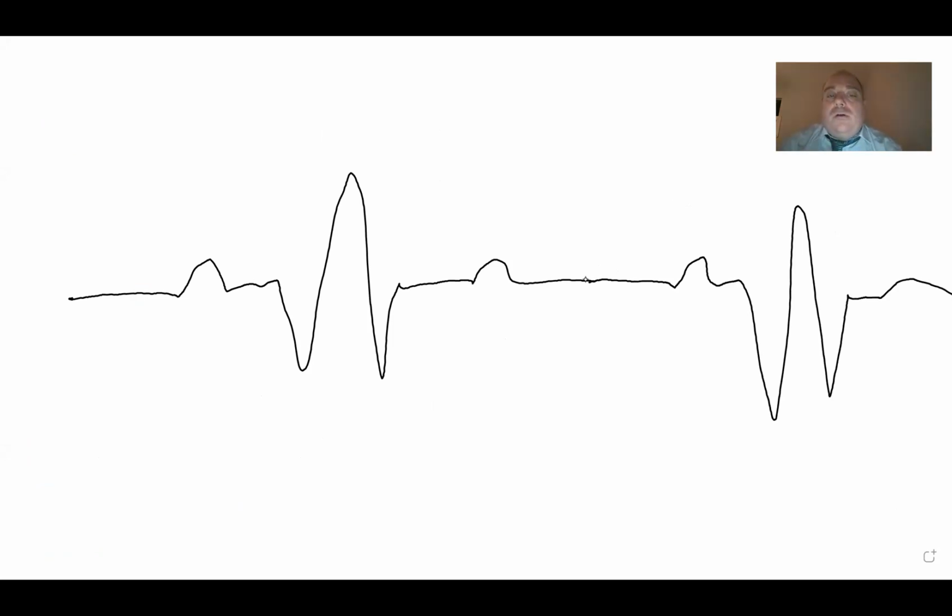One P, QRS, and T is a cardiac cycle. Well, what is a cardiac cycle? I would say it's one heartbeat, right? So what does it take to have one heartbeat? Normally, it takes a P wave, it takes a QRS, and it takes a T. And then your heart is ready to do it all over again. So one cardiac cycle is basically a P, a QRS, and a T, all right?